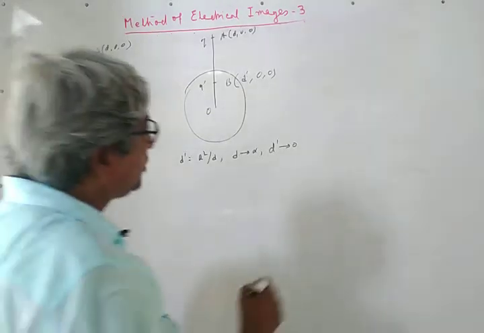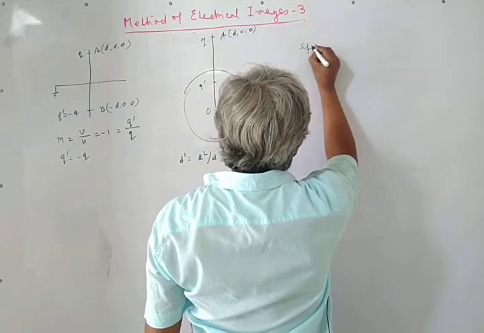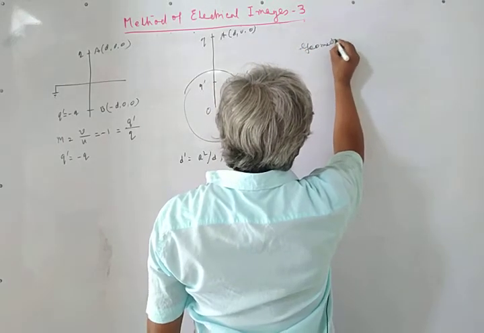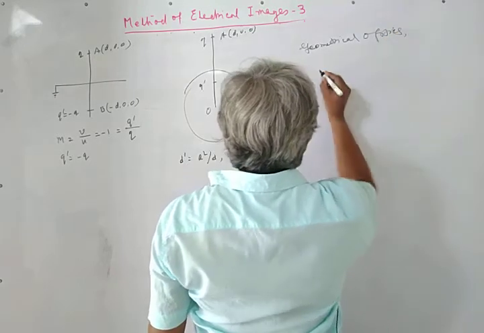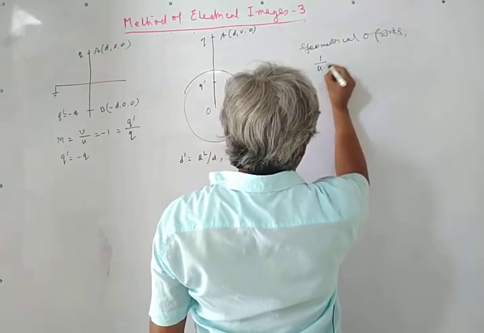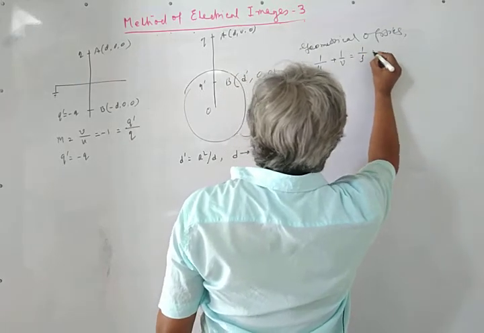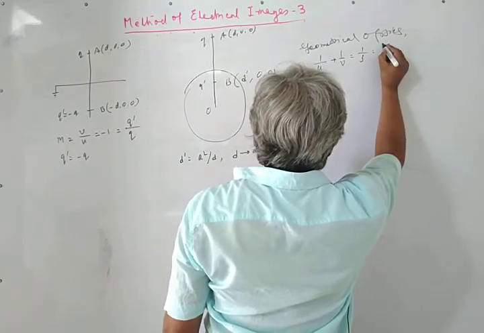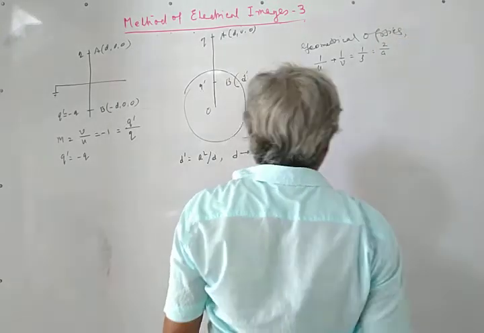Consider in geometrical optics the mirror formula. The mirror formula was 1 by U plus 1 by V is equal to 1 by F. We write it as 2 by A, the radius of the spherical mirror.